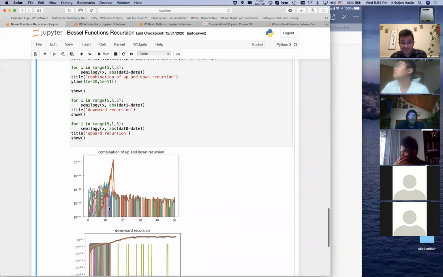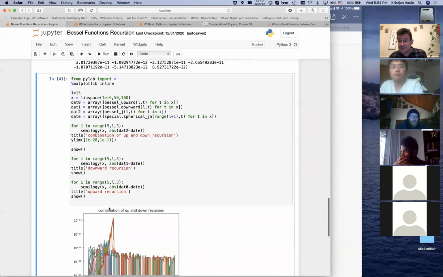Okay, so this is supposed to demonstrate how quickly errors in calculation can damage our numeric calculation, and therefore we have to be very careful about how we implement an algorithm.